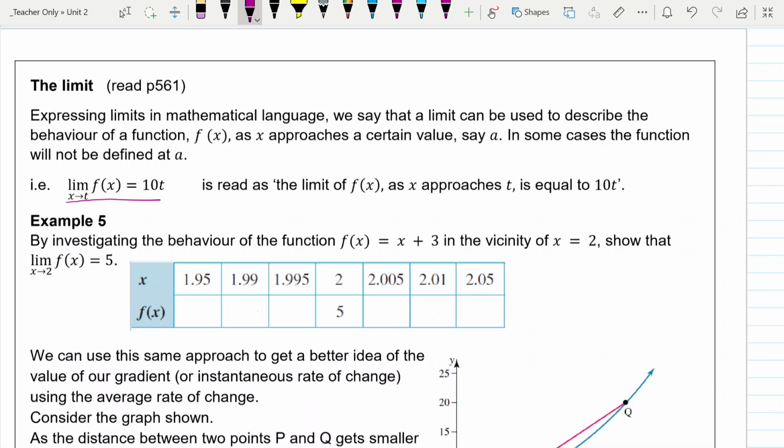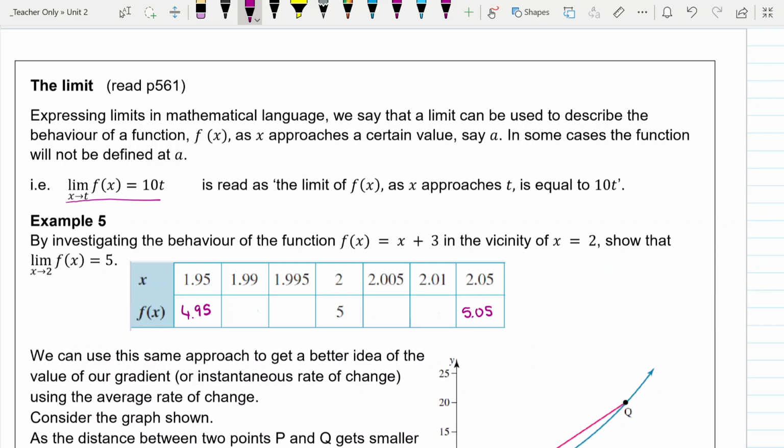If I took a value at 1.95, that's kind of close to 2, and I make x equal to 1.95, then my f of x will be 4.95. And what about if I take it at the other side? So I'll now go at 2.05. That's 2.05 plus 3, and my function is equal to 5.05.